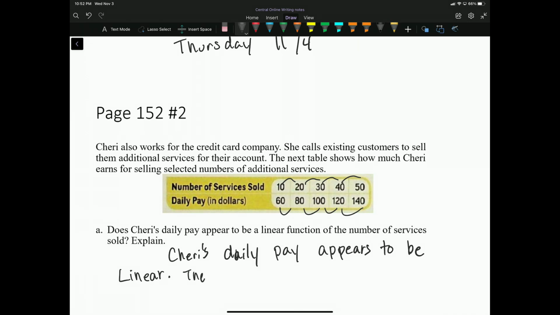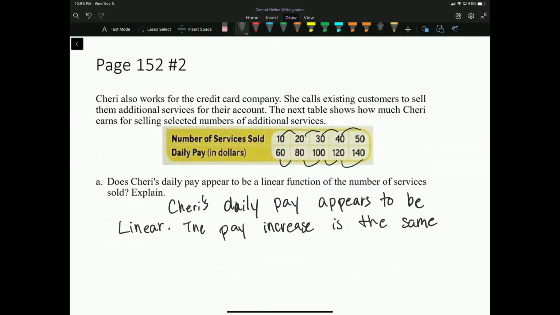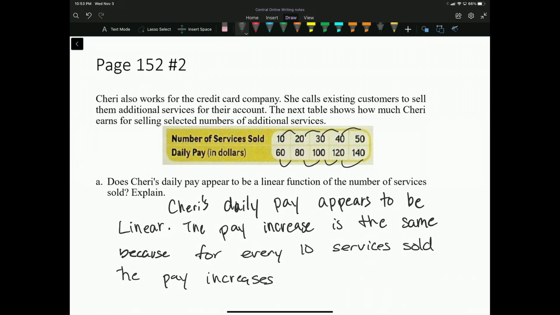The pay increase is the same, because for every 10 services sold, her pay increases by $20. Right? So remember, that's like our constant rate of change.